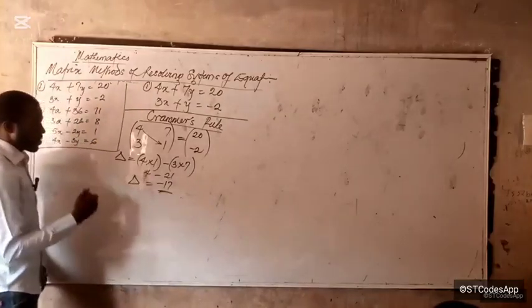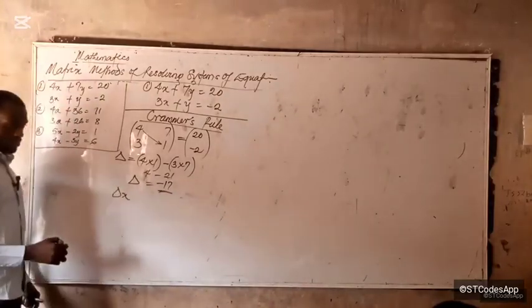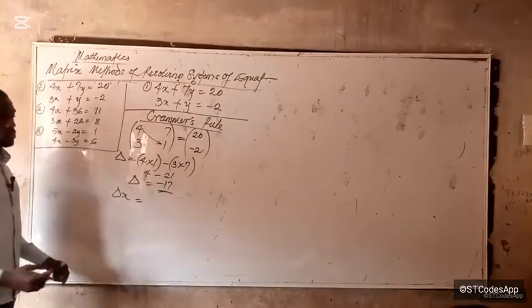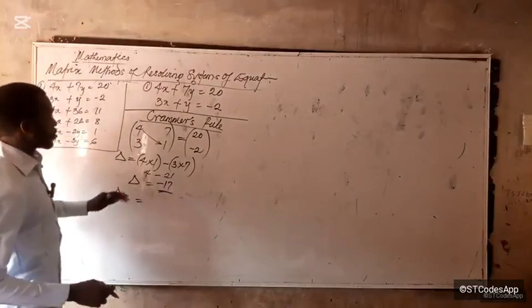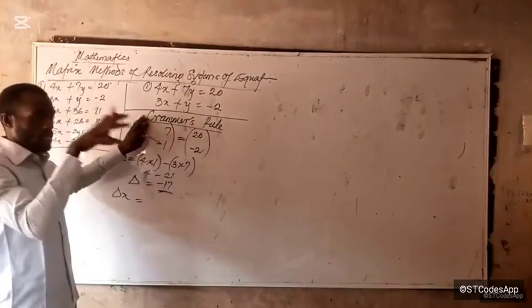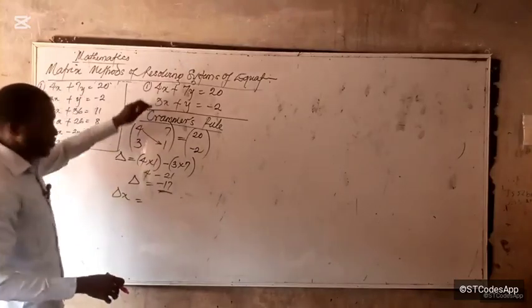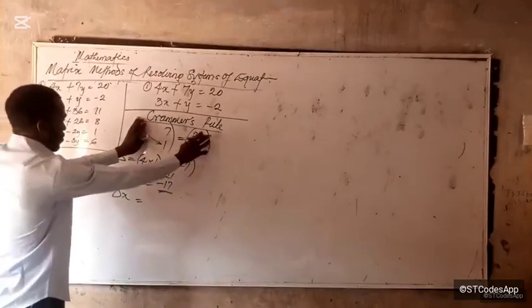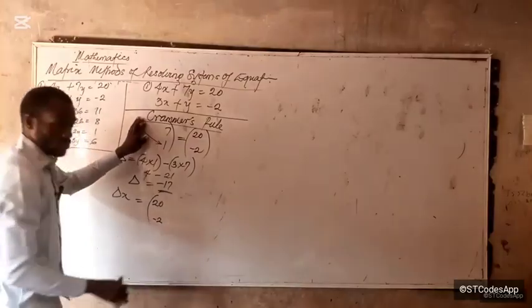The next thing we find is delta x, which is the determinant with respect to x. What you do is you cover all the coefficients of x, and then you replace them by the result. The coefficients of x are 4 and 3, as we have in the equation. Then you cover them up, and you place 20 and minus 2 there.